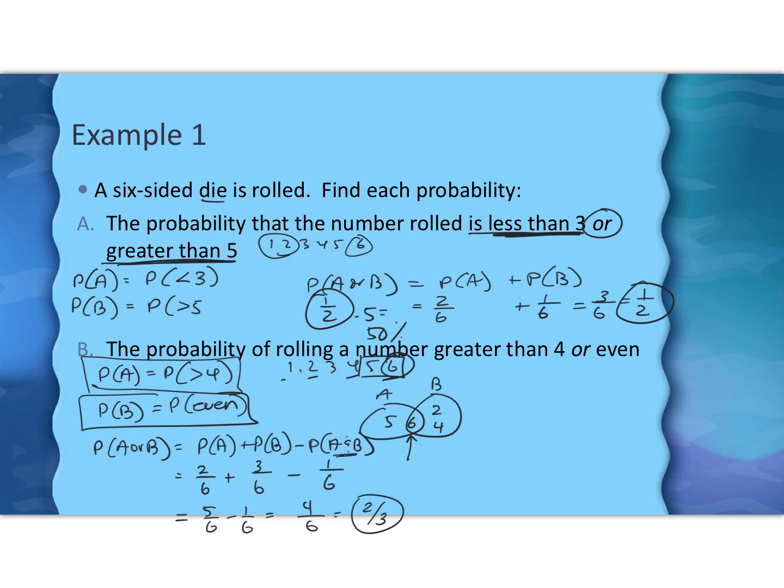So the probability is going to be 0.67 or 67%, or you could even do 0.667 or 66.7%. But that's the probability of A or B in this situation. So I had to find A and B and subtract the overlap.